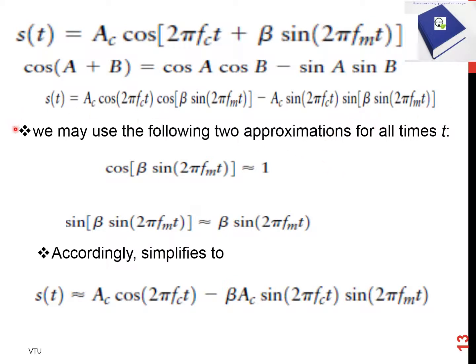Now by using the approximations, that is cos(beta sin 2 pi fmt) is equal to 1 and sin(beta sin 2 pi fmt) is equal to beta sin 2 pi fmt, I can rewrite S of t as approximately Ac cos 2 pi fct, since this term becomes 1, minus Ac sin 2 pi fct times beta sin 2 pi fmt.